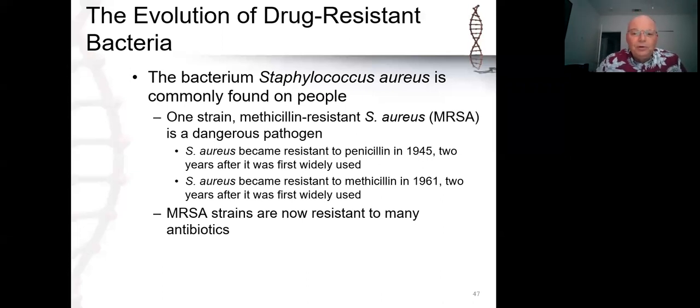And so when we want to look for the reason why antibiotic resistance is occurring in bacteria, we look no further than our own use and, more importantly, misuse of antibiotics. We don't use them under the right circumstances. We don't use them in the right way. We tend to not use them for the length of time that we ought to. We tend to use them in situations where we really should not use them.